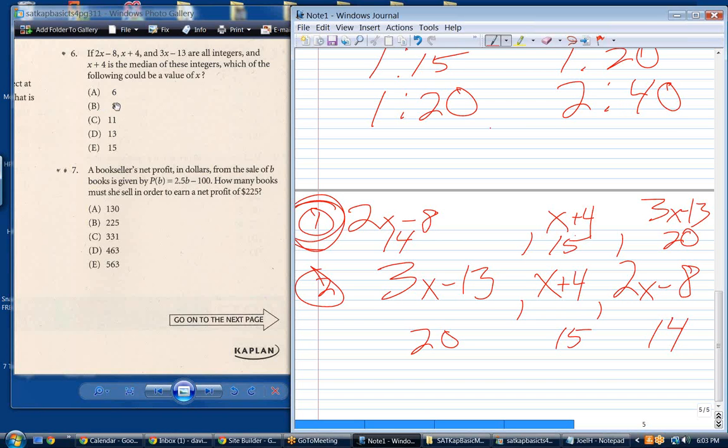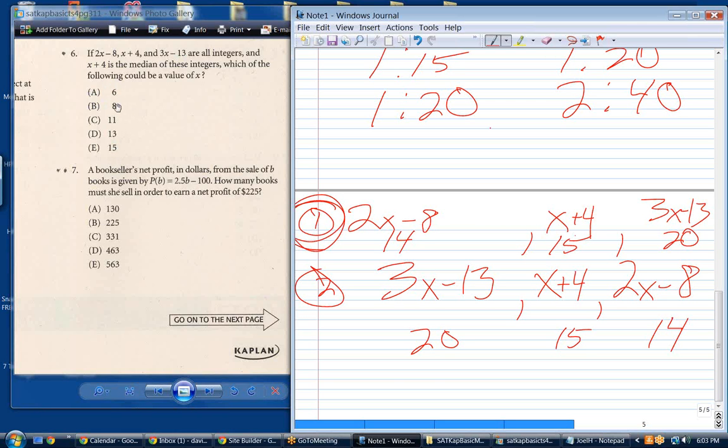I didn't know whether I needed higher or lower. So I started with the lowest numbers first because that makes the math the easiest. It's easier to substitute 6 in for each of these than a 2-digit number. That's why I did 6 and 8 first, because the math was easier.